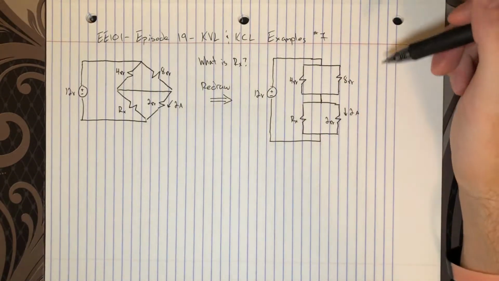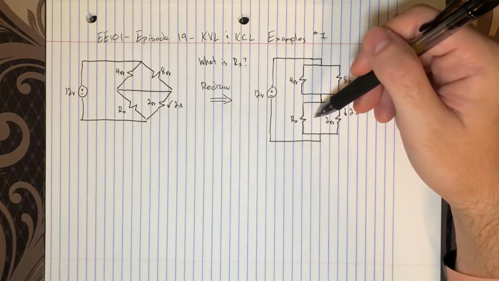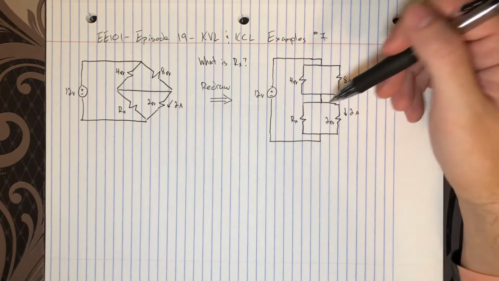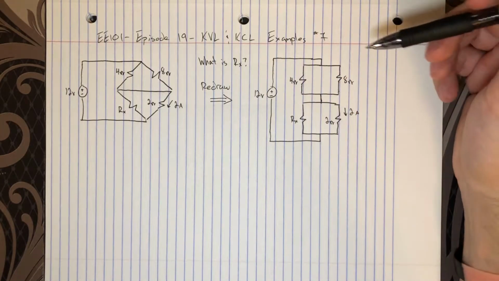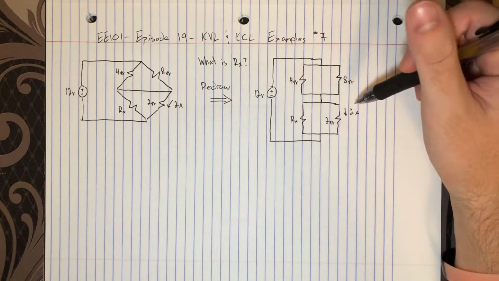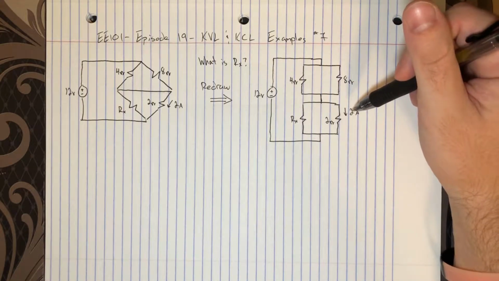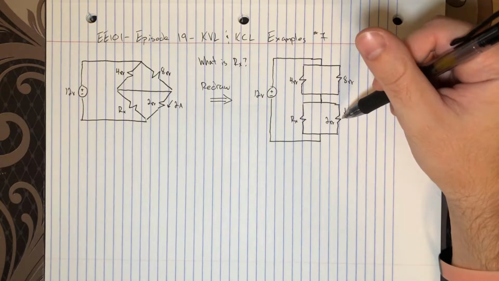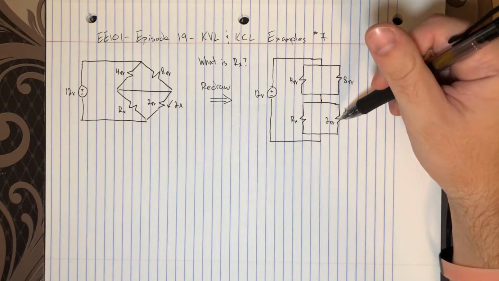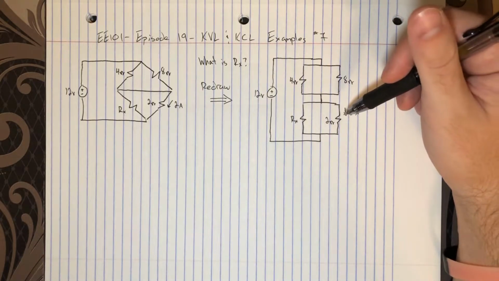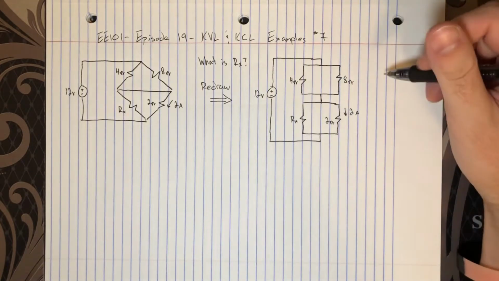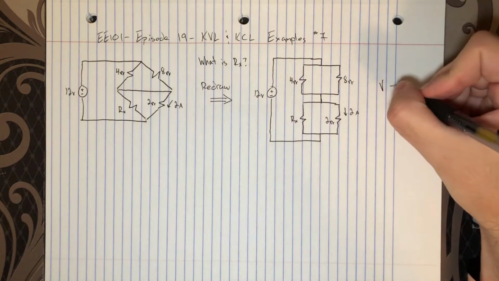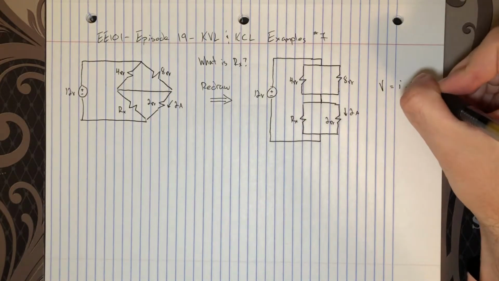So let's start. We want Rx, and we really have to work with just whatever we have. So I think the obvious starting point is the fact that we have this 2 amps entering the 2 ohm resistor here. So, okay, Ohm's law, great. We automatically know this voltage. V equals IR.